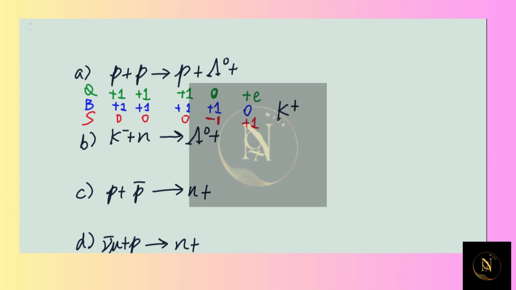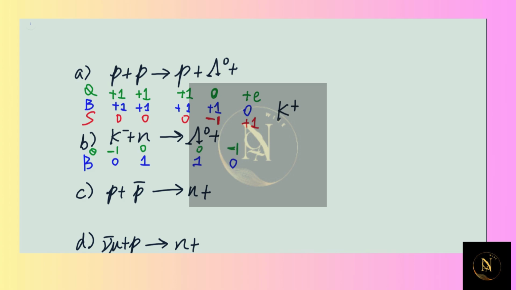And then let's look at the second question. The second one, we have the baryon number is again 0 because baryon number, this is 0, this is 1, this is 1, so this is 0. And the charge is -1 because we have -1, 0, 0, so it must be -1.